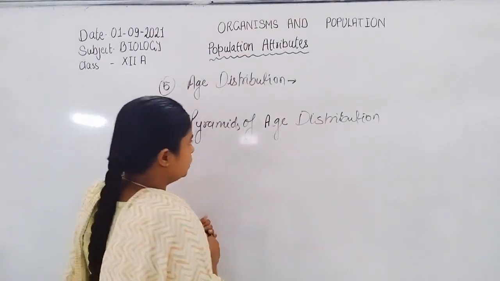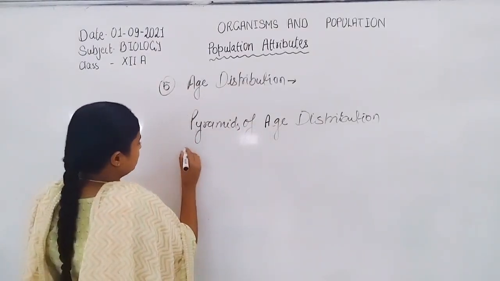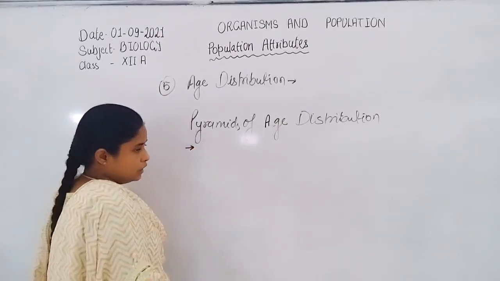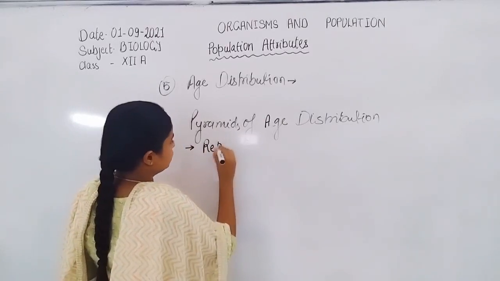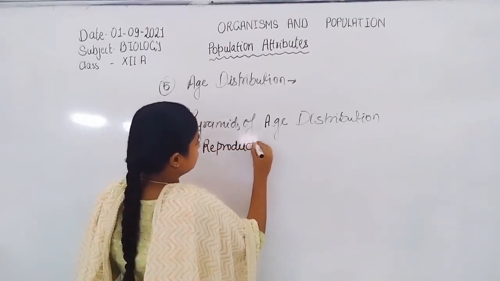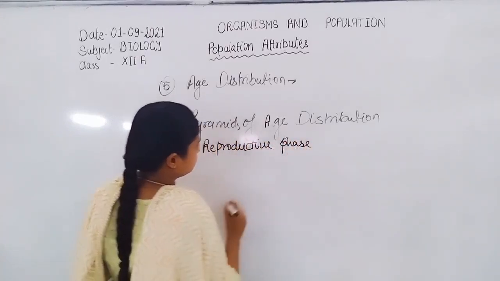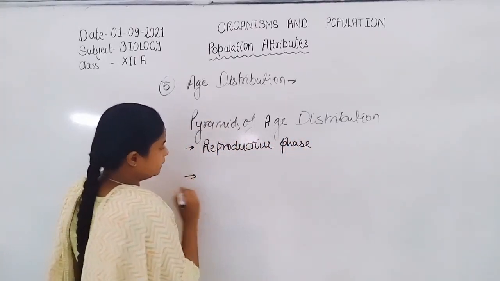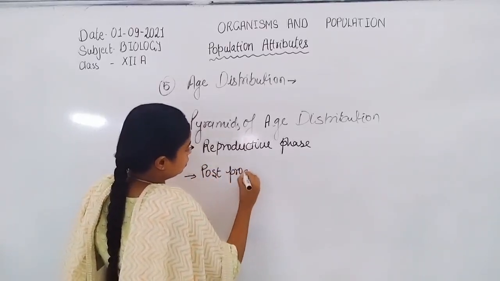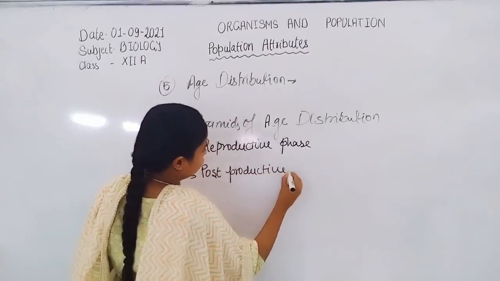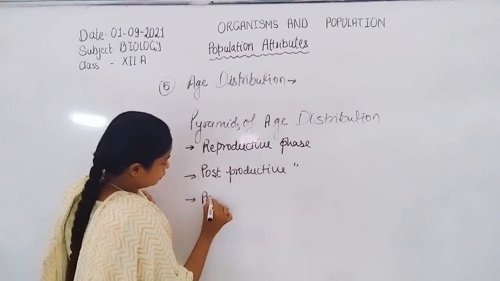With the help of age distribution pyramids, in a given population there are three types of individuals: those in the reproductive phase, the post-reproductive phase, and the pre-reproductive phase.